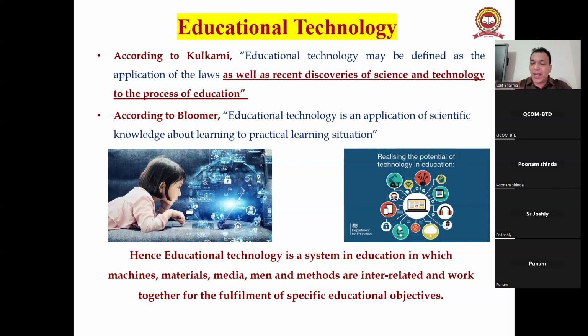And in the last, I have mentioned, hence, educational technology is a system in education in which machine, material, media, men, and method are interrelated and work together for the fulfillment of specific educational objectives. Got it?